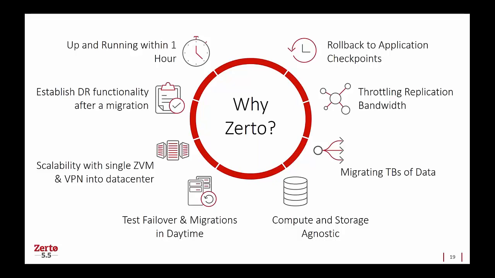Their ability to migrate huge amounts of data, more than a terabyte, very quickly was very important for them as well. We talked about the agnosticity of the product here as well, in terms of removing all of the physical dependencies.